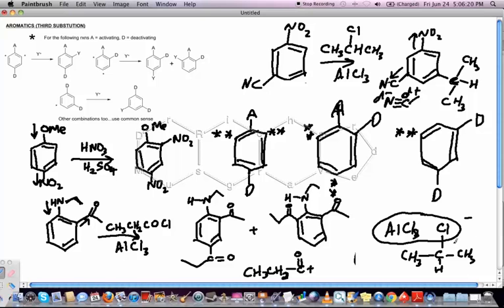That's going to be negative, and whatever else is going to be positive, and the positive charge will end up on the C that the Cl was connected to. So our electrophile that we used there was going to be CH3, C plus, and then the CH3. So that's what's going to go on, and we know that the ring will join on to this positive C of the electrophile, and that's what we're seeing up here. And it only goes into this position that's meta to both deactivating groups.